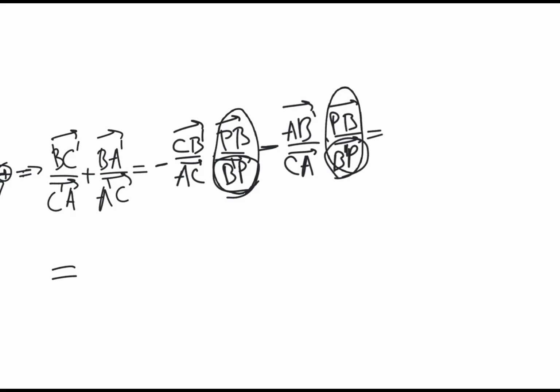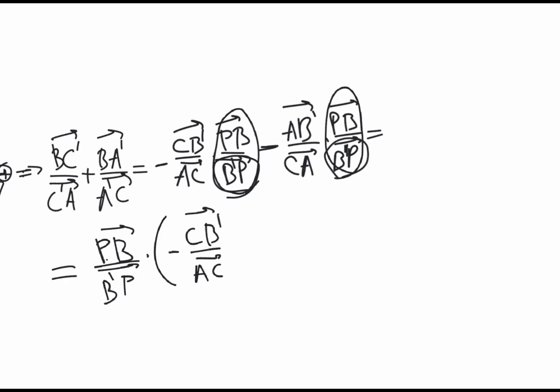So we can extract it. So we write PB over B prime P. And now here we have minus CB prime over AC minus AB prime over CA.